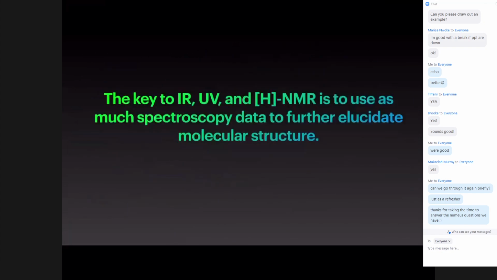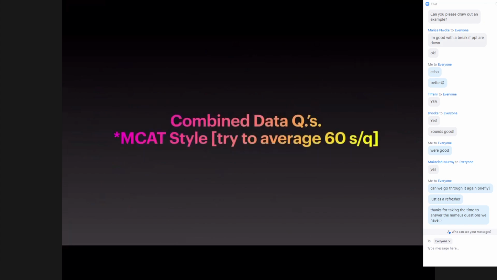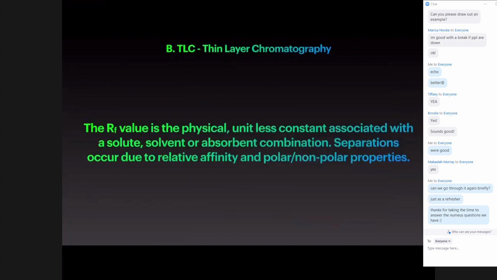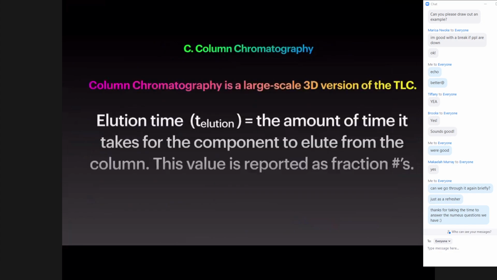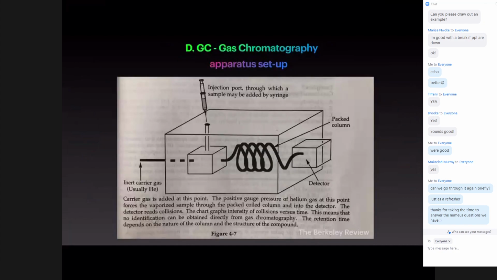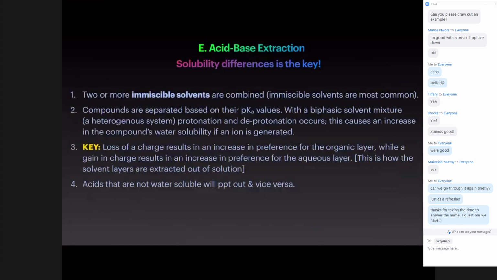So a lot of the topics that you guys are going over during these lectures are gonna definitely come together as one question. So you gotta be able to go back and forth between topics and ideas. That will be good to practice when you're going through your practice questions, your Berkeley Review practice questions.